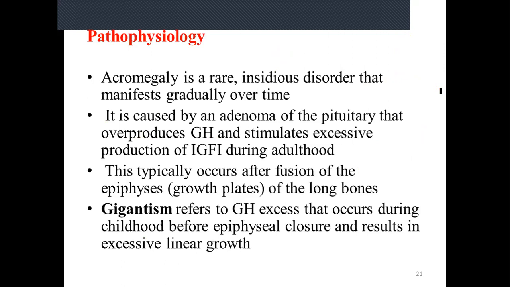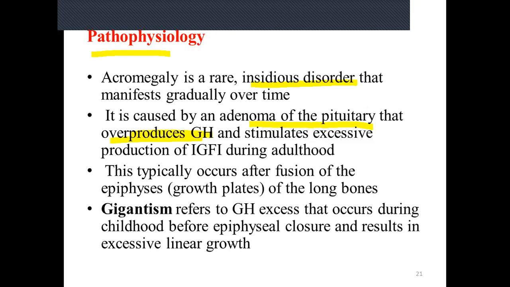Then when you look at the pathophysiology of this condition in brief, it is a very rare and very insidious disorder, so it occurs gradually over time. That is what I said before. It's mostly caused by adenoma in the pituitary gland, which ultimately overproduces the hormone.